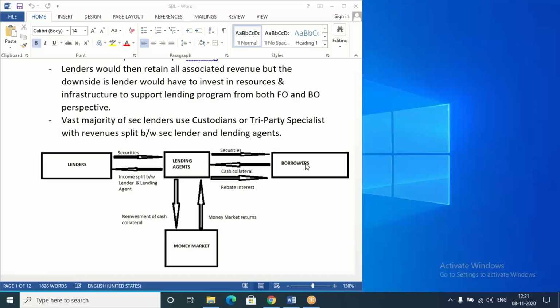Let's say the borrower gives cash as collateral. Now the lending agent will reinvest that cash in the market. And what returns come from that? A part of it, as I said, would be rebated back to the borrowers. The remaining would be split between the lender and the lending agent. Is this clear?